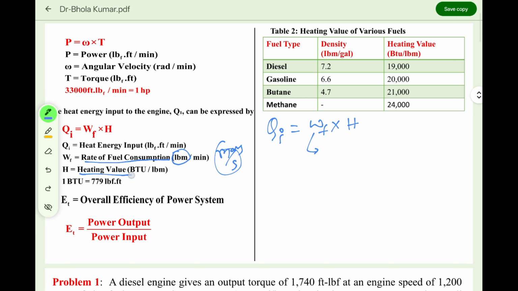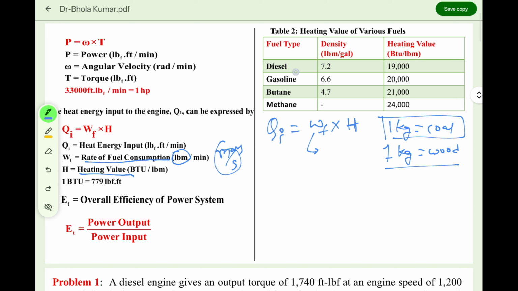And H is the heating value. Let's suppose you have 1 kg of coal and 1 kg of wood. If you burn them, which one gives more heat? I can guarantee the coal will give more heat compared to the wood.